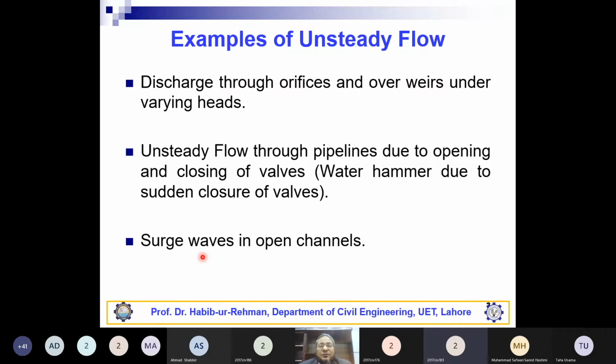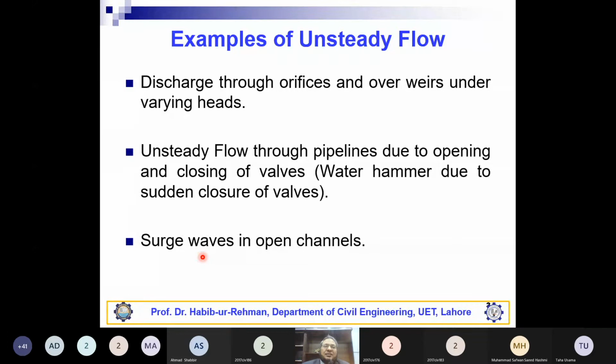Water hammer, of course, we will discuss in detail in this chapter. But very quickly, I would mention that suppose we have a pipeline and we close the valve suddenly. Then a pressure wave moves in the direction opposite to the valve, and then it comes back and again goes back and comes back.